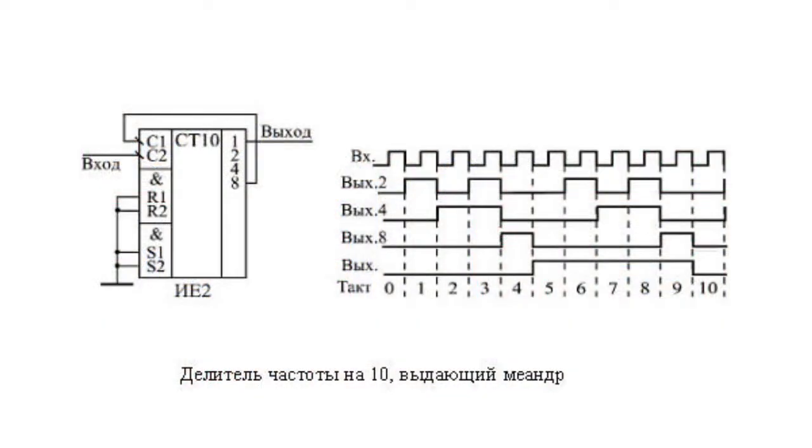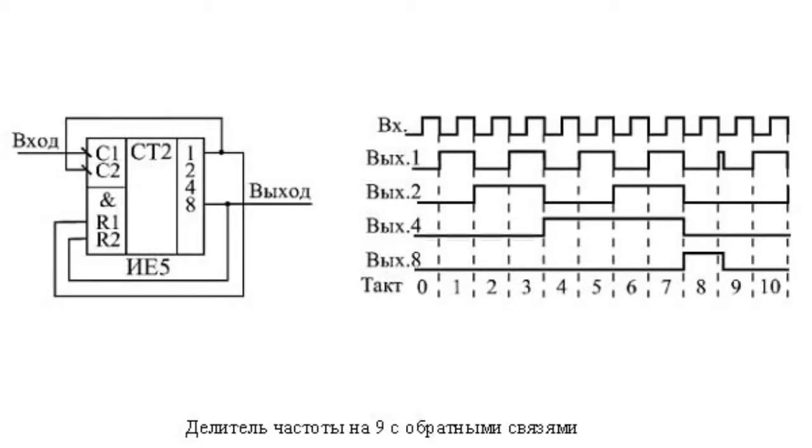In such cases, a meander is often required. It is a digital signal with a duty ratio equal to 2. The simplest example of a frequency divider issuing a meander is implemented using one IE2 counter.